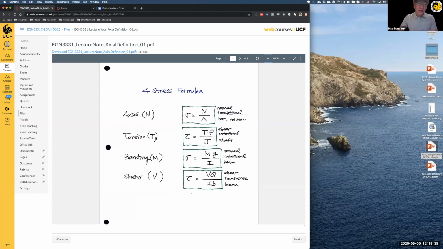So axial force. In our learning objectives, one of the important concepts is a member, right? We have a structural member or mechanical member. Can you give me an example of a mechanical member subjected to the axial load?